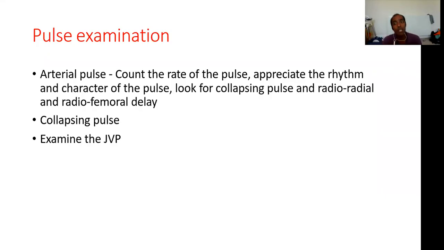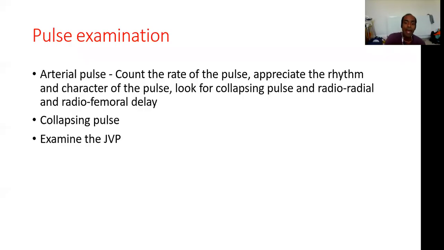So when you're routinely doing the cardiovascular system in the wards, you have to check the blood pressure. But at the exam, we generally tell you the blood pressure if you ask for it. Okay. So generally, these are the two broad components, the pulse examination and the precordial examination plus the blood pressure measurement. Okay. The pulse examination can be divided into two further components: arterial pulse examination and venous pulse examination.